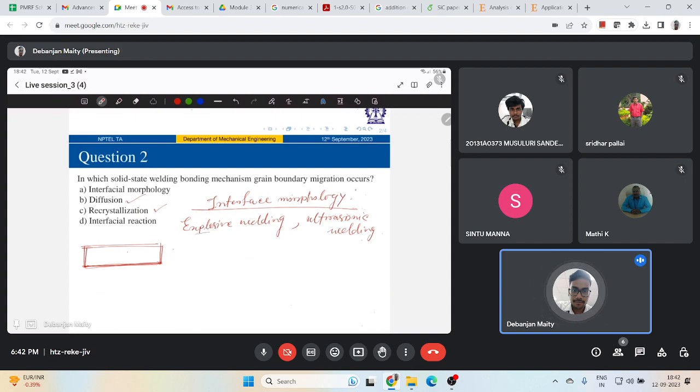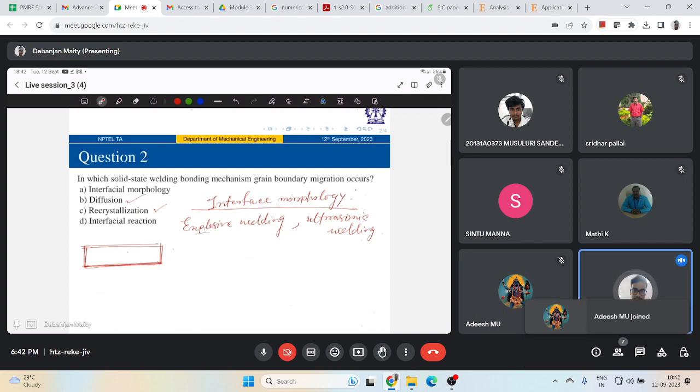Now in explosive welding, because of the very high velocity, it will form some kind of waviness over the region. And if this becomes wavy in nature, the contact area is getting increased, right?